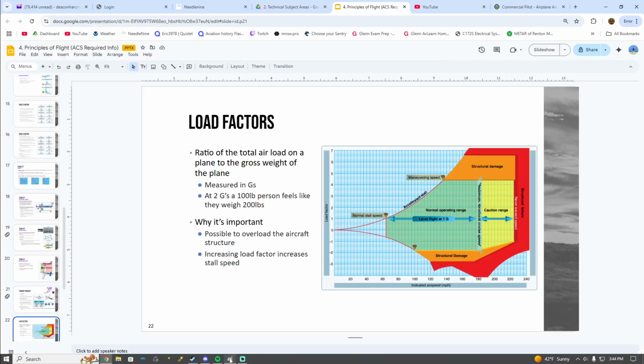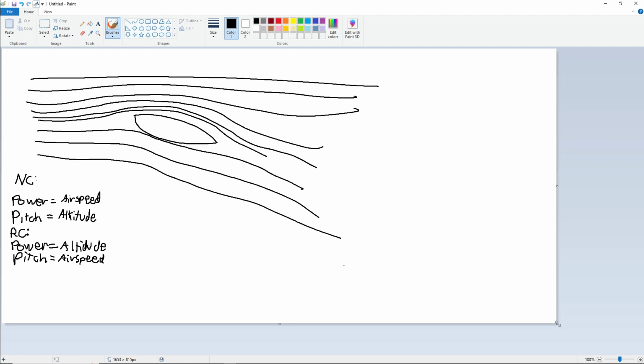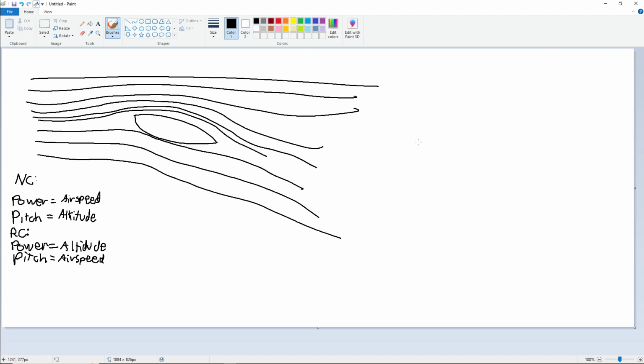Let me explain this in Paint. Let's say this is our plane, and now here's the wings, and that's our propeller. It's like flying towards us. You just have to use your imagination here.